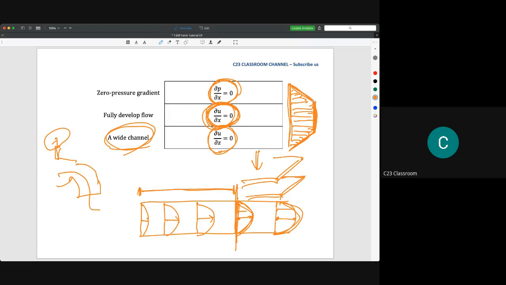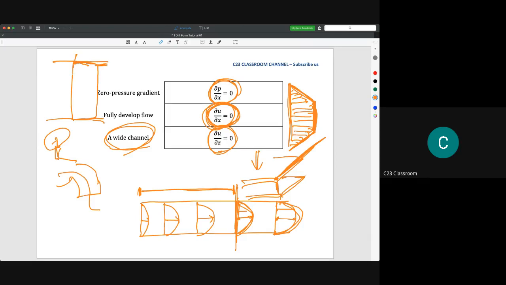Tetapi andai kata lebar ini terlalu besar, contohnya ketebalan ini katakan 5 cm, tetapi lebar ini mungkin 5 meter, mungkin velocity bertambah dalam jarak yang sikit dan akhirnya dia akan constant. Oleh itu jarak ini mungkin terlalu kecil untuk kita ambil kira.